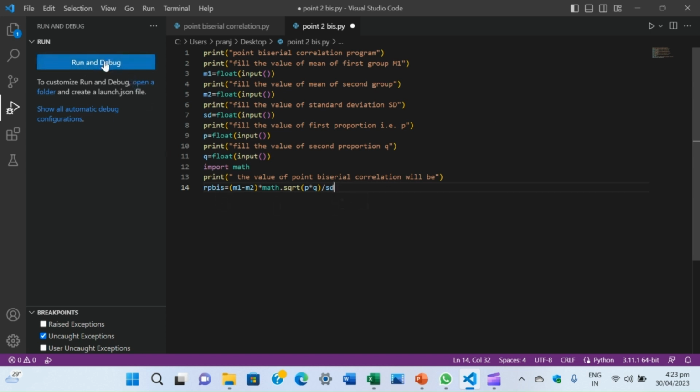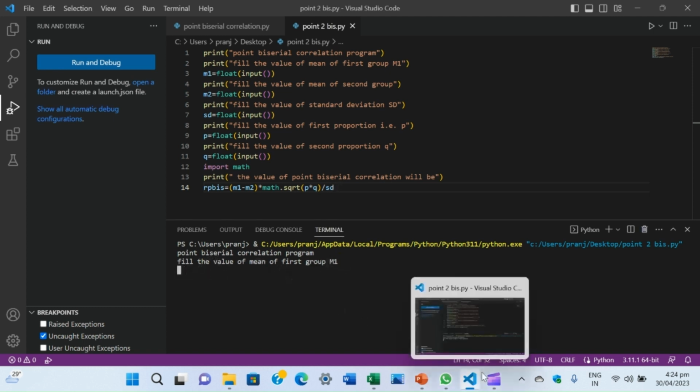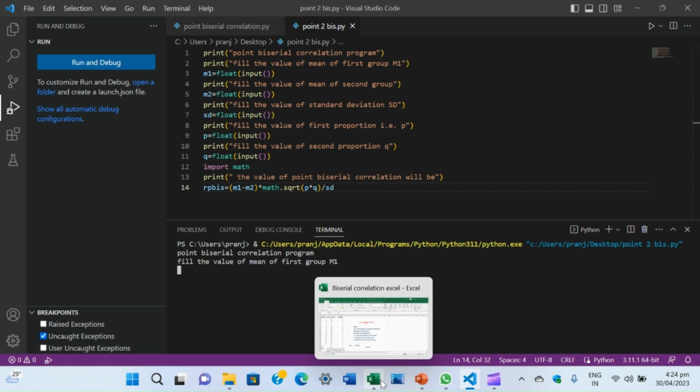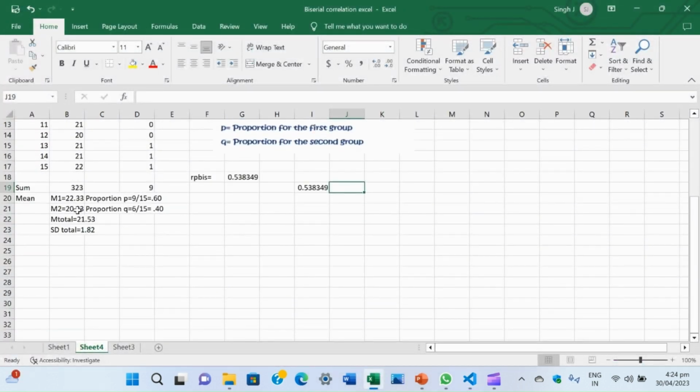So click here to run the program. Now in the output of the program we see: fill the value of mean of the first group m1. So we fill here the value of m1, and in Excel, in the same problem, we see that the value of m1 is 22.33 and m2 is 20.33.